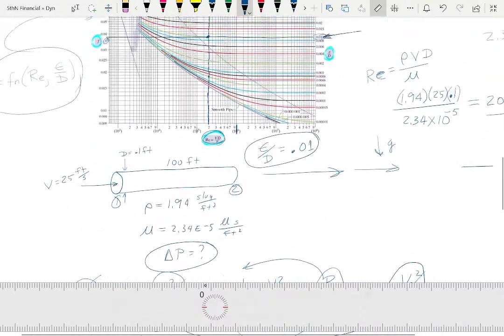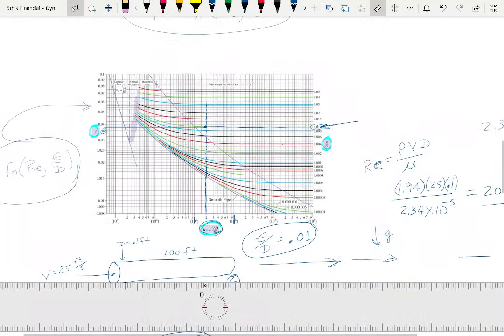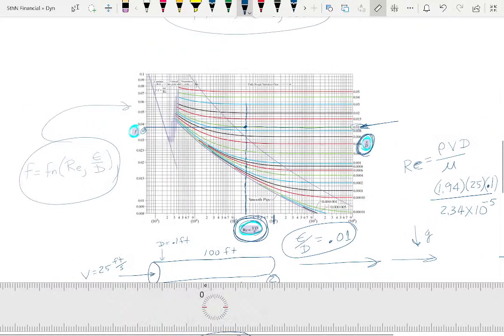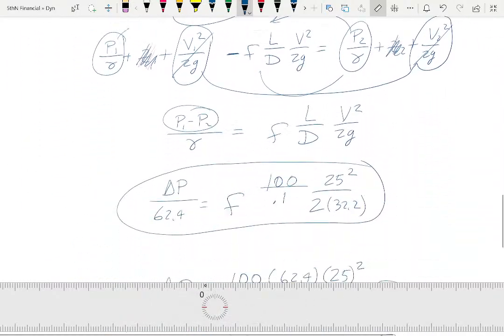So the sequence is pretty simple in a way. You're going to find your Reynolds number, and you're going to know what your pipe looks like, and you're going to find where they cross and come straight across and pluck out the friction factor. And then, of course, you're going to use it in Bernoulli's equation.